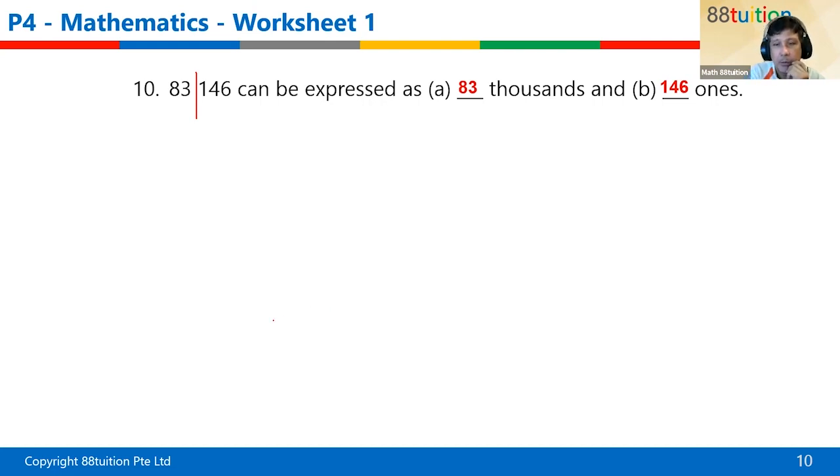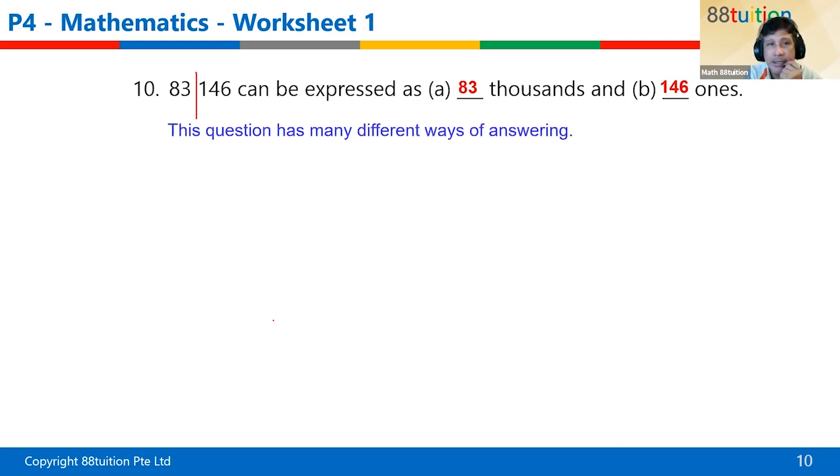Okay, so we can actually come up with many variations. So let me show you a few. Now, in order to get all your variations, all you need to do is create an equation in which you have 2 numbers that add together to give us our 83,146. Okay, so let's take a look.